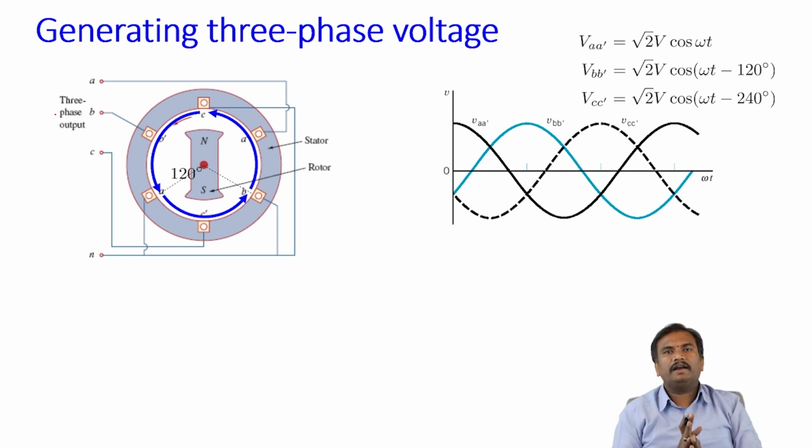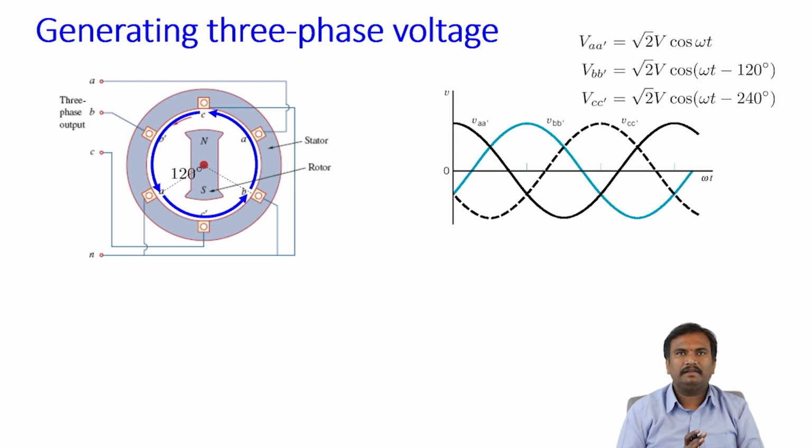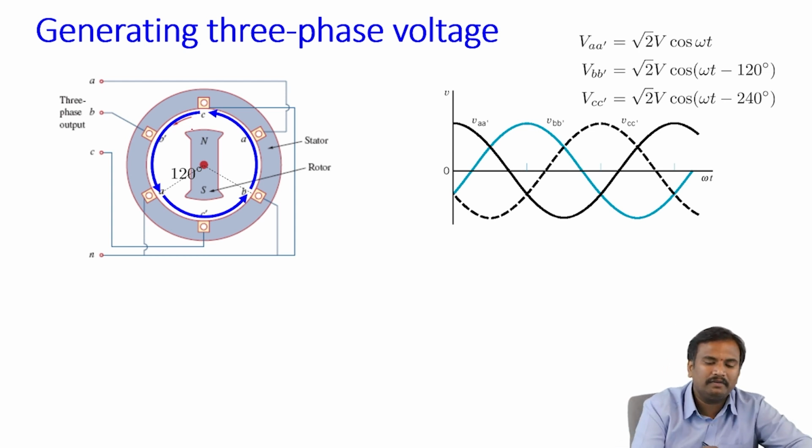Because if a single conductor has a single flux, then we are going to get a single AC voltage. When we have conductors with three-phase connection, that is here the magnetic field with the rotor, and these are the three-phase conductors which are placed.